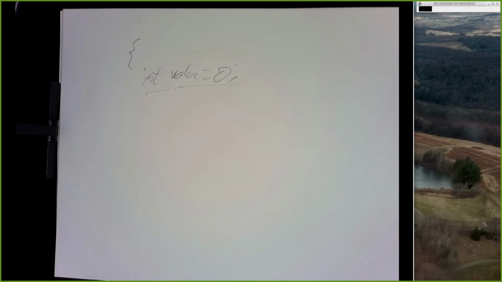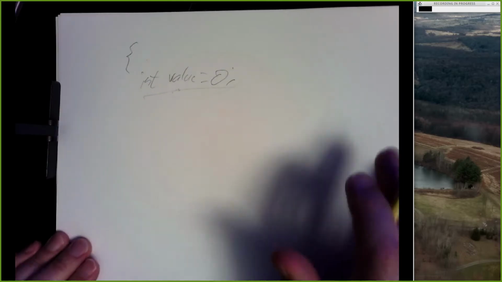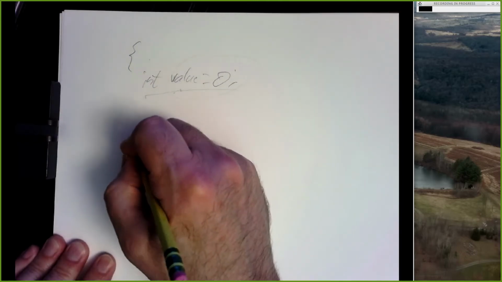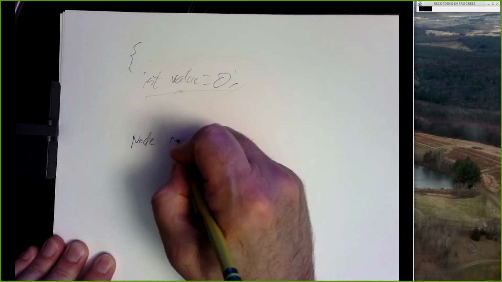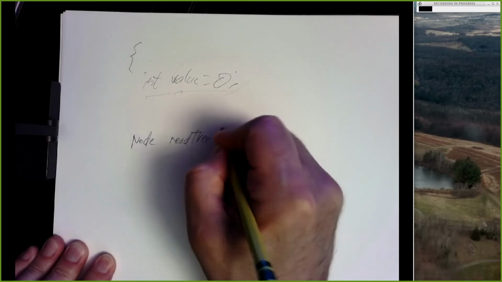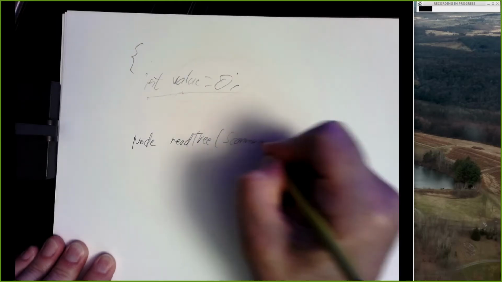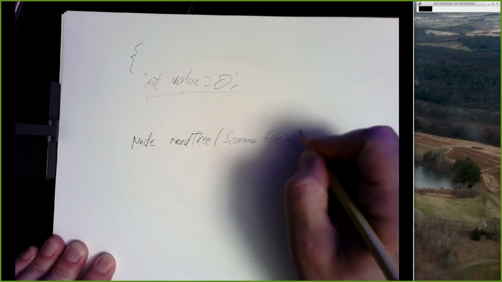I have a question about building the tree. I think I watched your Wednesday class talk about passing in a scanner. How do you pass in a scanner to a method? It's exactly the same as passing any other type of argument. So we can have a node read tree, and we can say this is going to take a scanner file in.